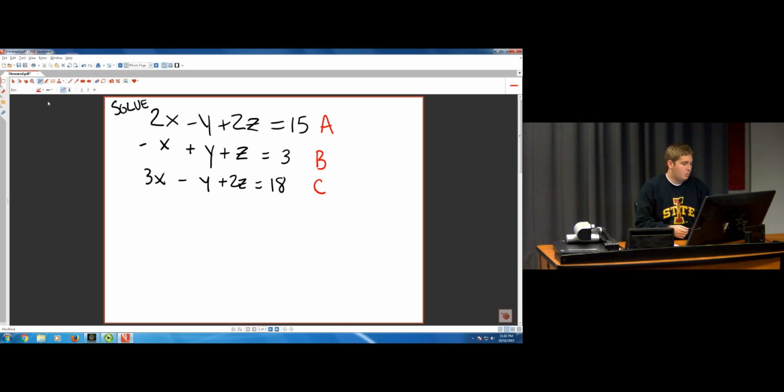Now that we have A, B, and C, we want to start trying to eliminate some variables. So we're going to use A and B and we're going to eliminate Y. You can use substitution here, but I think elimination is going to be a lot easier to work with in the end.